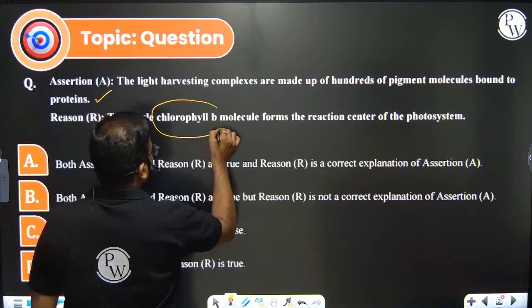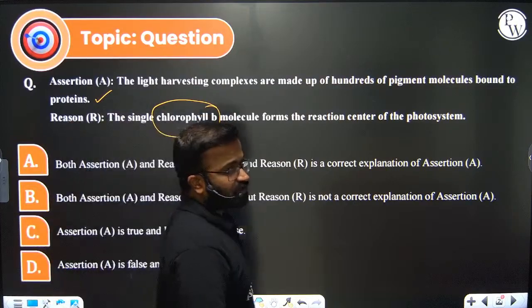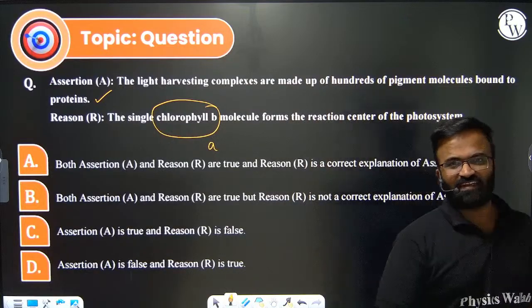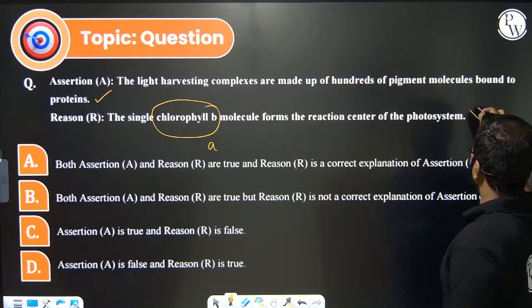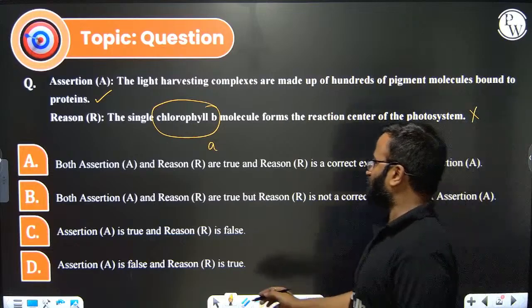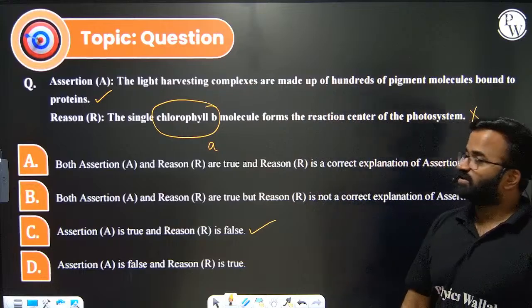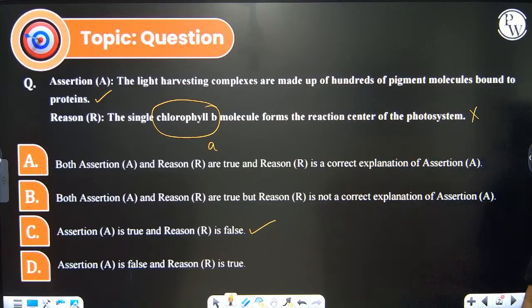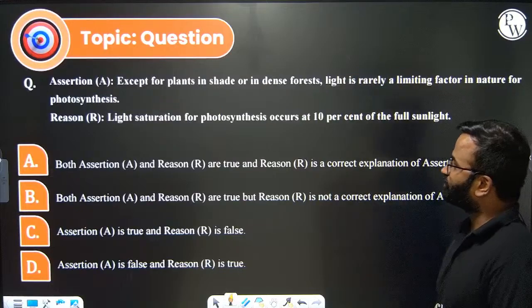It is not chlorophyll B, it is rather chlorophyll A that forms the reaction center. So this is false as a statement. So what will be your answer? The answer will be the third one, that is assertion is true and reason is false. Am I clear? Let's go for the next question.